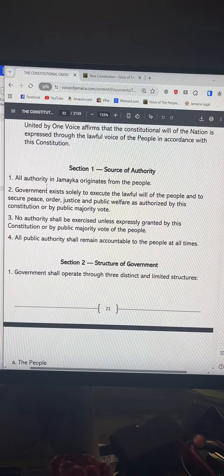Section 1, source of authority. All authority in Jamaica originates from the people. Remember, people, if you don't vote, there is no government. If everybody stops voting, there is no such thing as a government. So, in every single political system, all authority originates from the people.